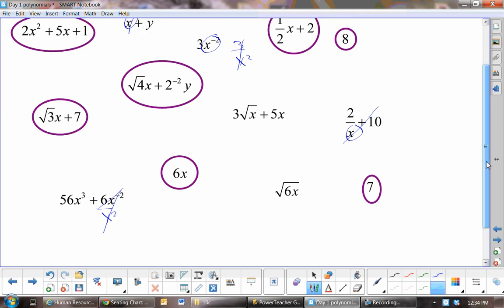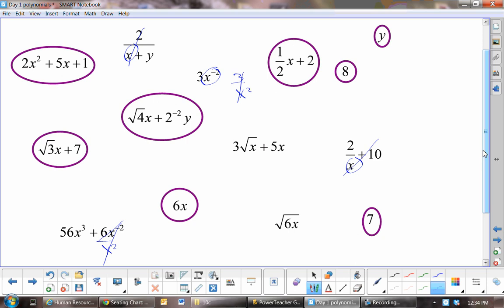So you're right. Anything that has a variable on the bottom is not a polynomial. But the other ones are still surviving. They do not have exponents, or sorry, powers or variables on the bottom. Winston?